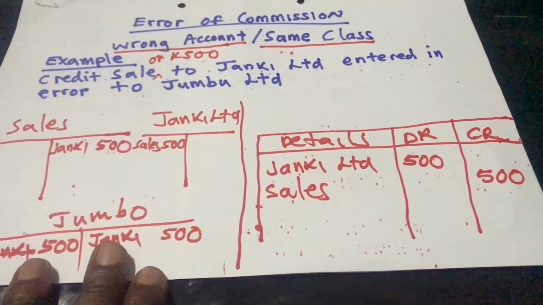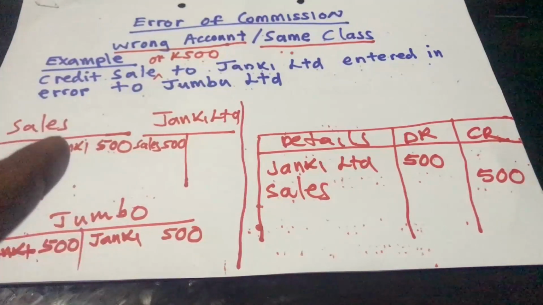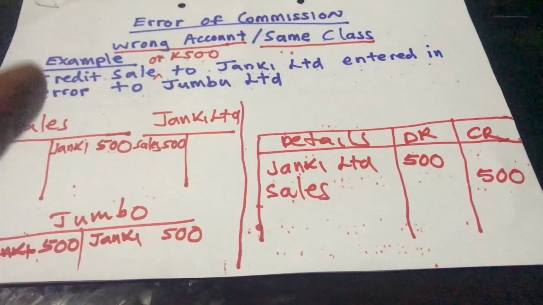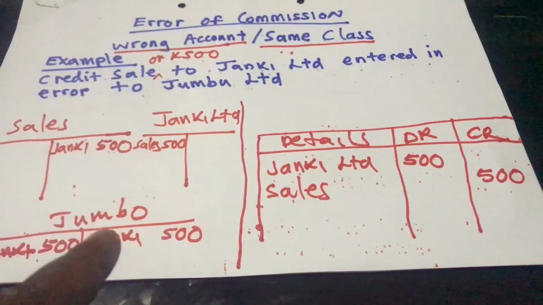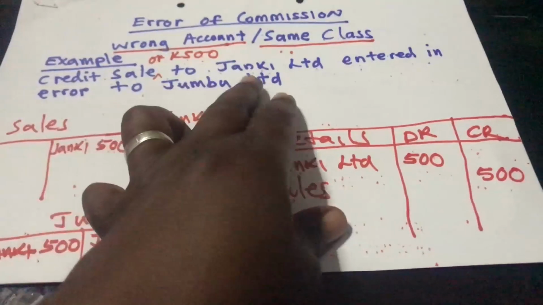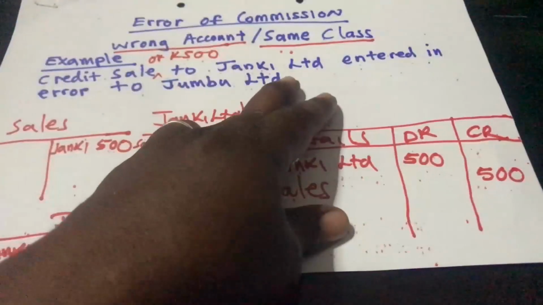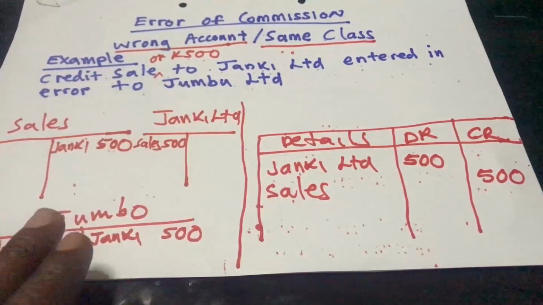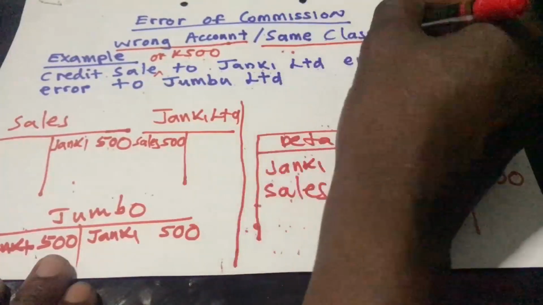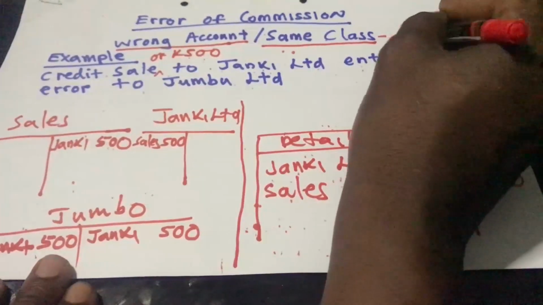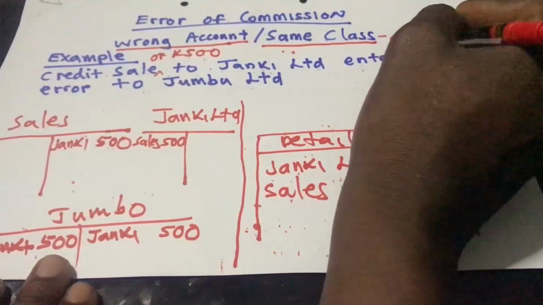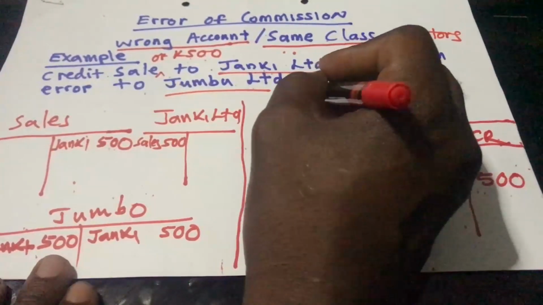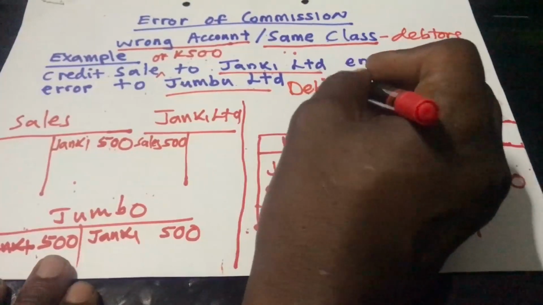If you can see the error of commission, the issue is the wrong account, but of course it's the same class, because if you see Junkie Limited is a debtor, Jumbo Limited, they are both debtors, so they are both in the same class of accounts because they are both debtors. So this is a debtor, and then we know that debtors have debit balances.